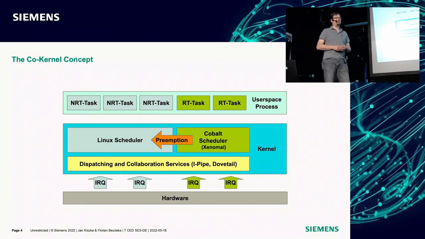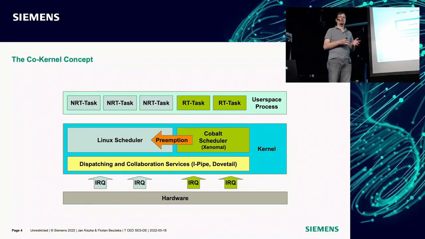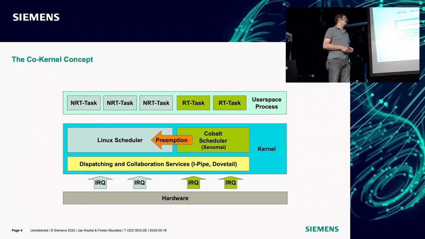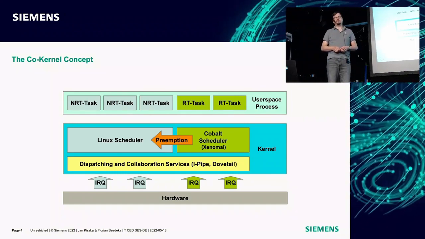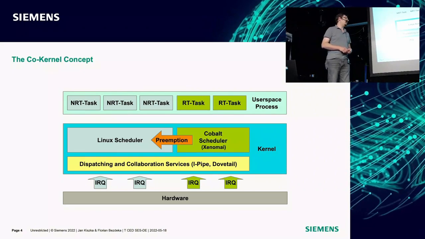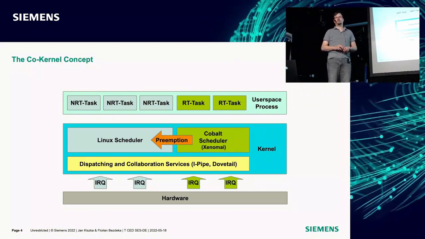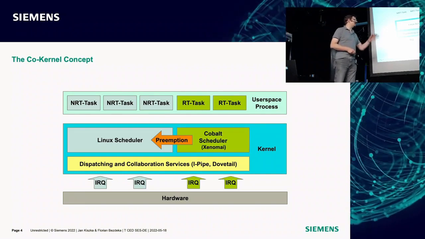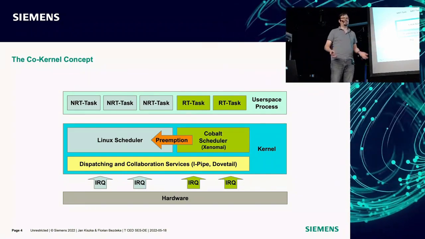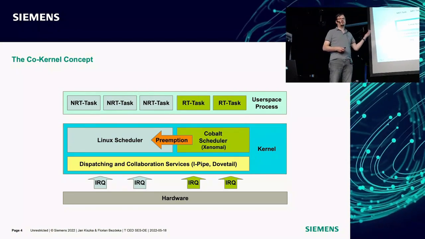To enable that, we need some dispatching now, because the normal kernel stays as it is, but it's no longer responsible for taking all events first, but only specific ones, and possibly also those specific ones only after the critical ones have been handled. So you have a dispatching layer between your incoming events and the two schedulers.